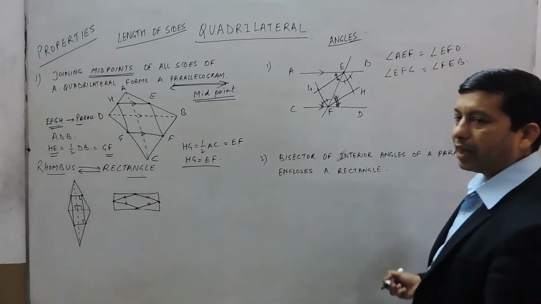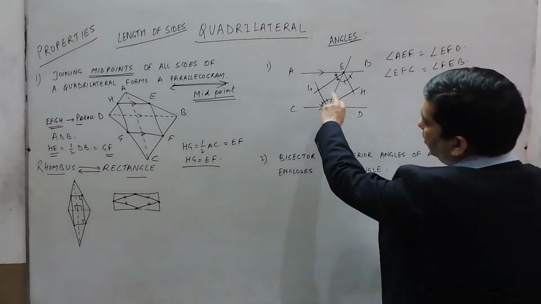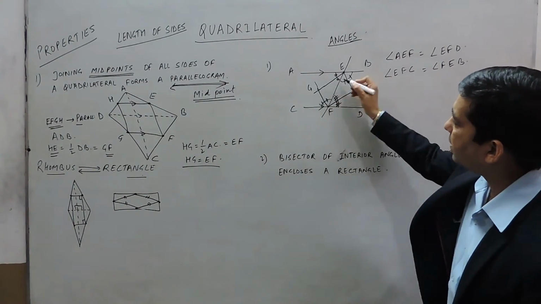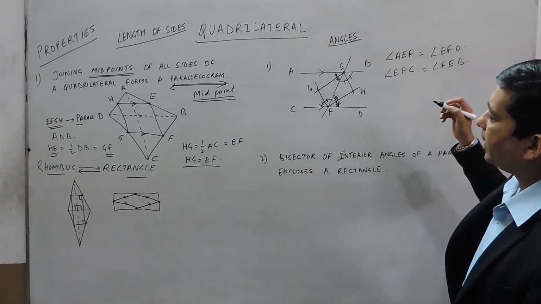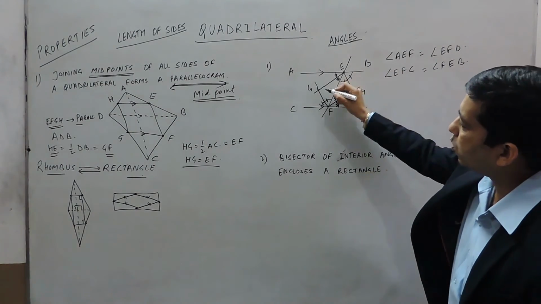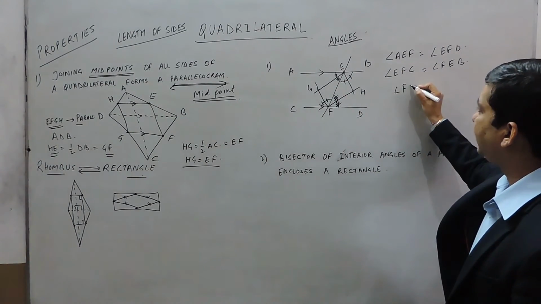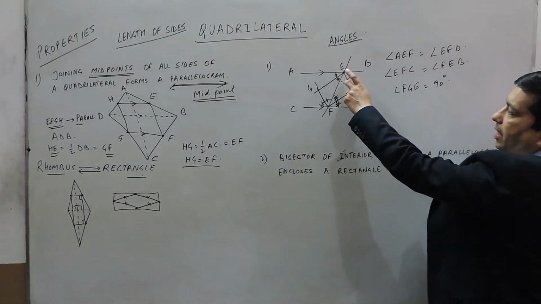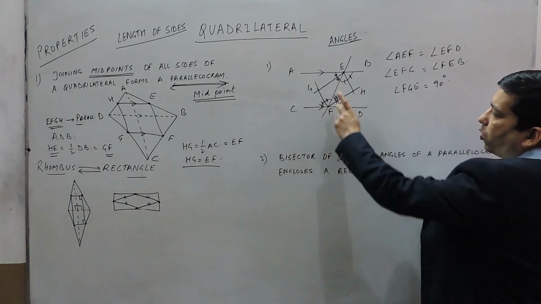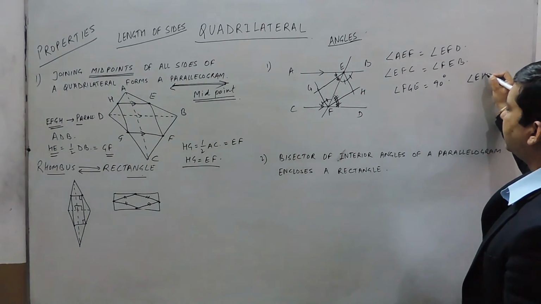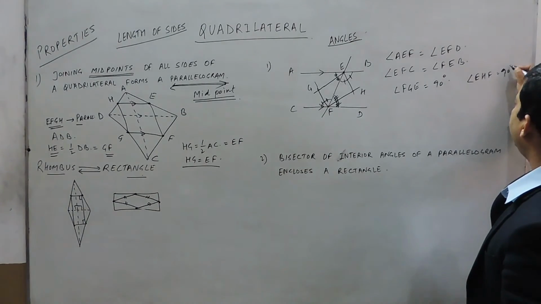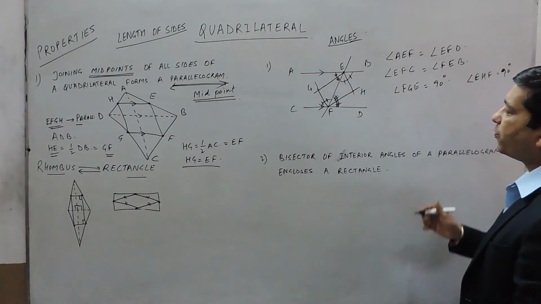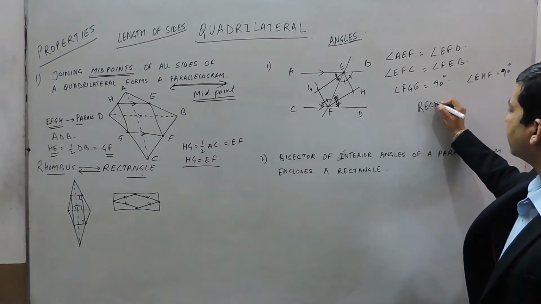If we know that the total angle on a straight line is 180 degrees, it is very clear that this angle plus this angle will be half of 180 degrees and it will come out to be 90 degrees. So the angle FGE is also 90 degrees. Same way we can say that this angle plus this angle is 90 degrees. So the angle EHF is also 90 degrees, and once we know that these angles are 90 degrees, it is forming a rectangle.